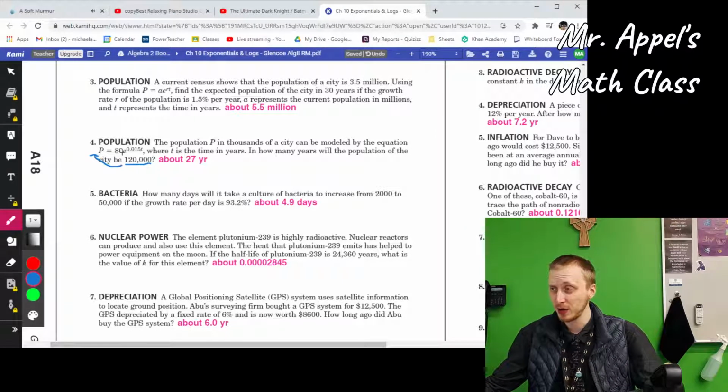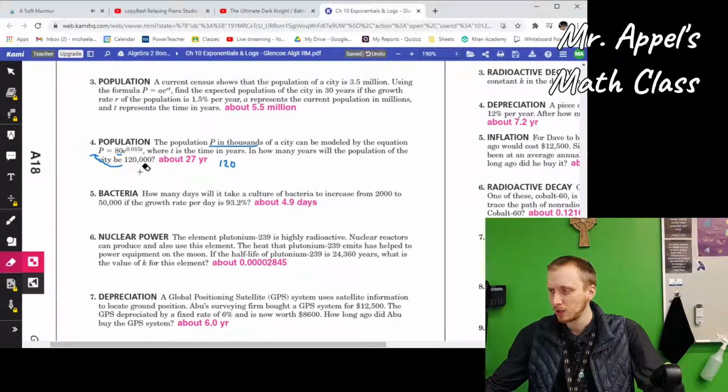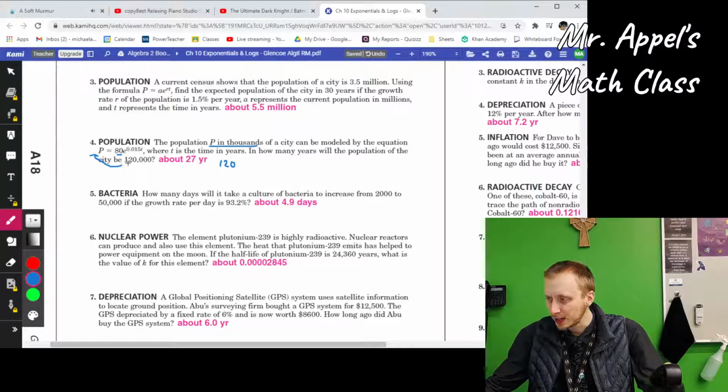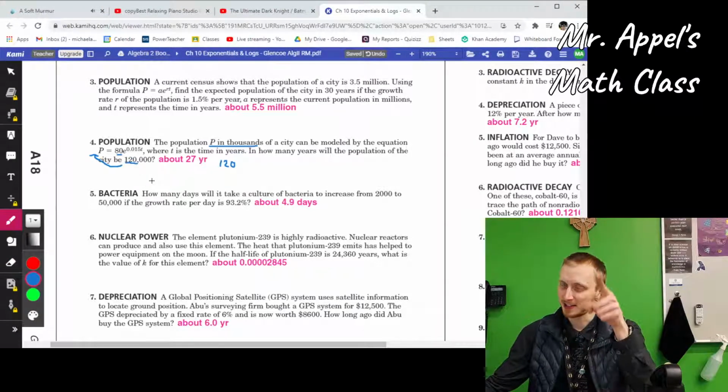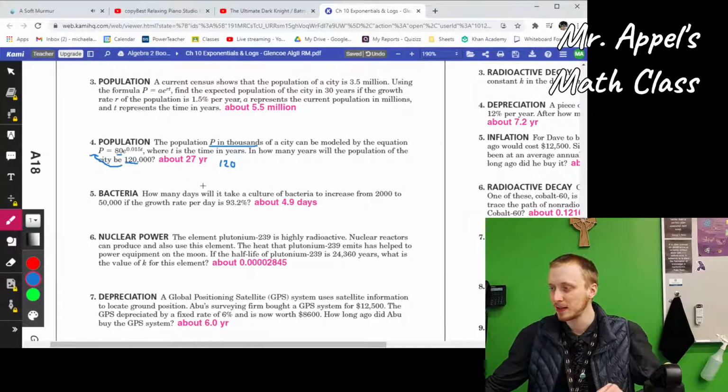So at year 0, there were 80 thousand people, and they're growing exponentially. To solve for 120, wait, P is in thousands. Ooh. It's not 120,000, it's 120. That's the catch. That's the tricky bit to miss.